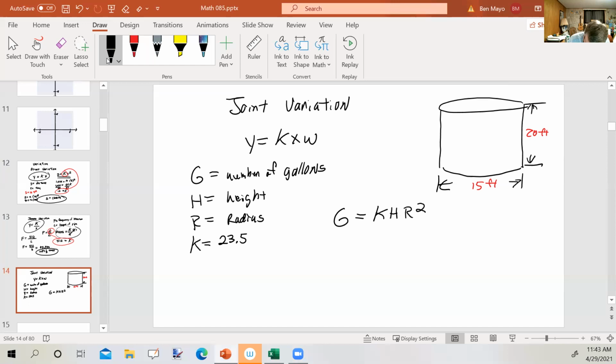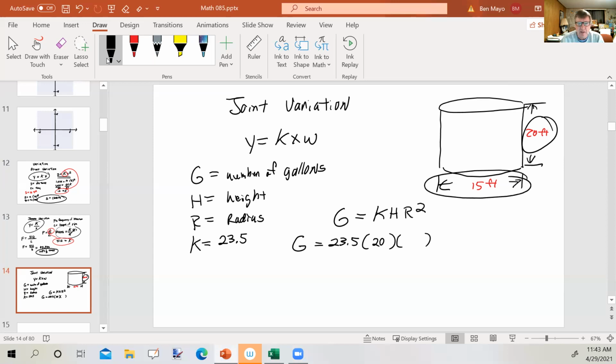All right, so we've got G equals 23.5 times H, which is the height of the tank, so that's the 20 feet, times R, which is the radius of the tank. Now, this is not the radius, it's the diameter. The radius would be what?